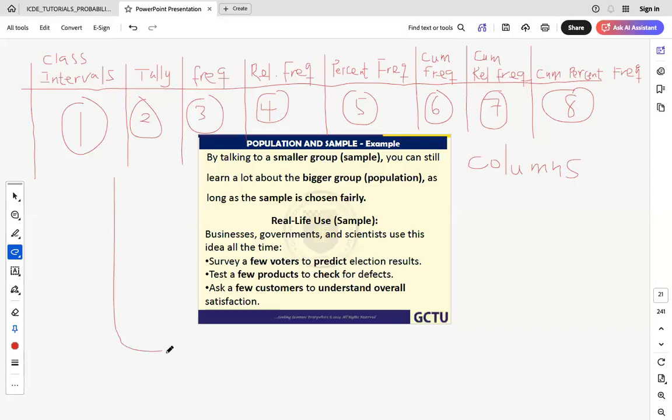Then the objective of this technique is to extract information from data.